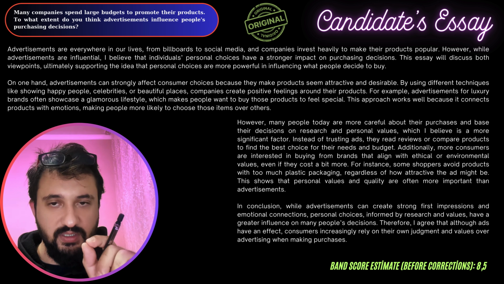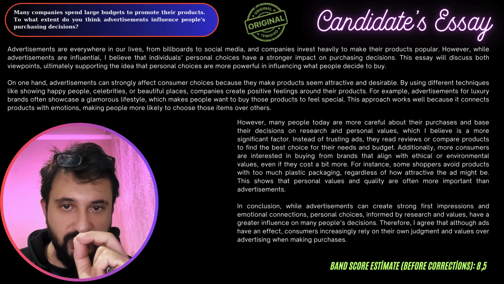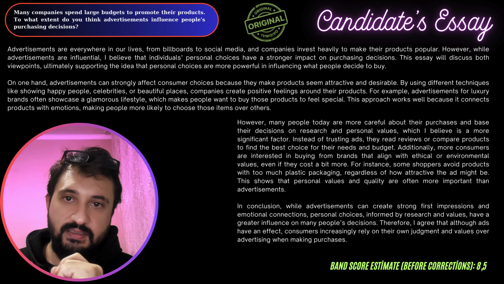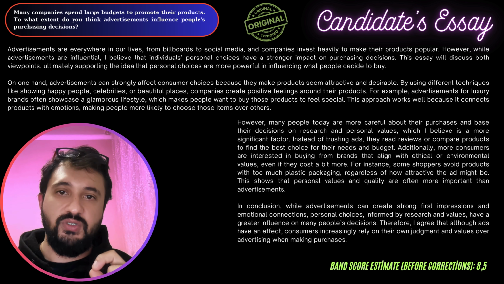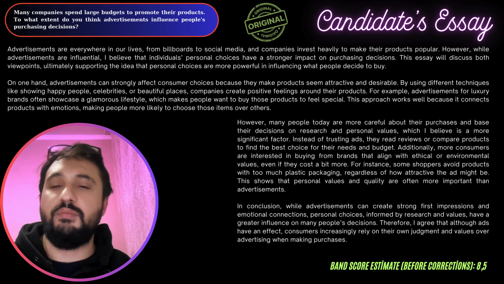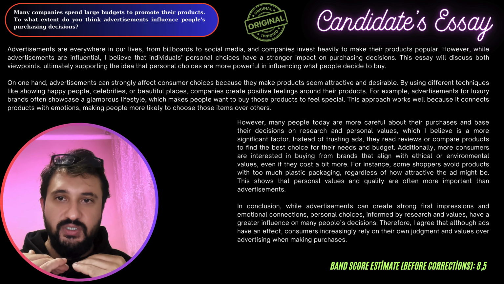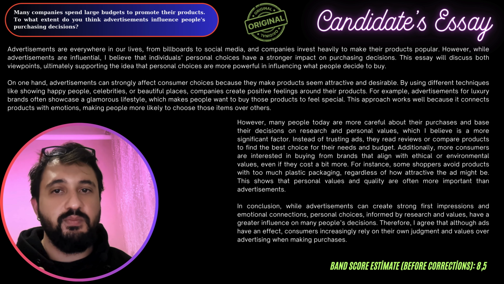Is everything clear? Perfect. Third one, inconsistent use of conjunctions. Let's see the example: Instead of trusting ads, they read reviews or compare products to find the best choice for their needs and budget. But let me explain.